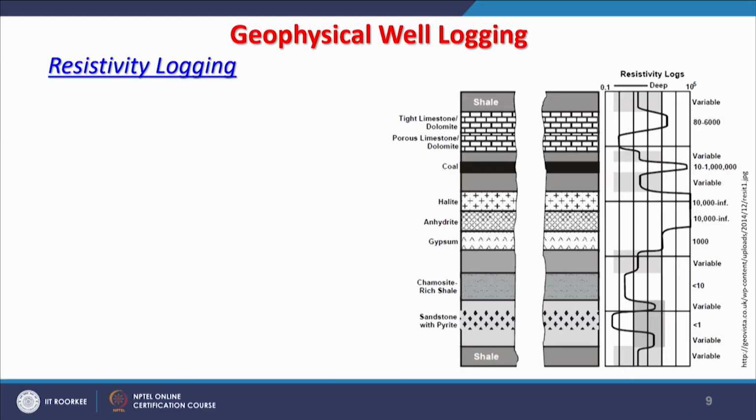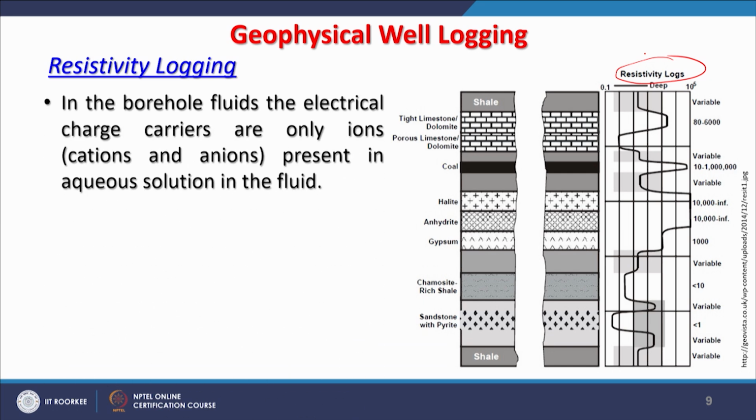Anyway, we now come to a typical resistivity log along with the lithological log. What we are seeing is that the lithological log is present here. Now, we have a resistivity log, and as the lithology is changing, the curve in resistivity is also changing. The top part is having shale, so resistivity here is not much, but as soon as we come to a dolomite or limestone terrain or calcium carbonate zone, then resistivity goes high.